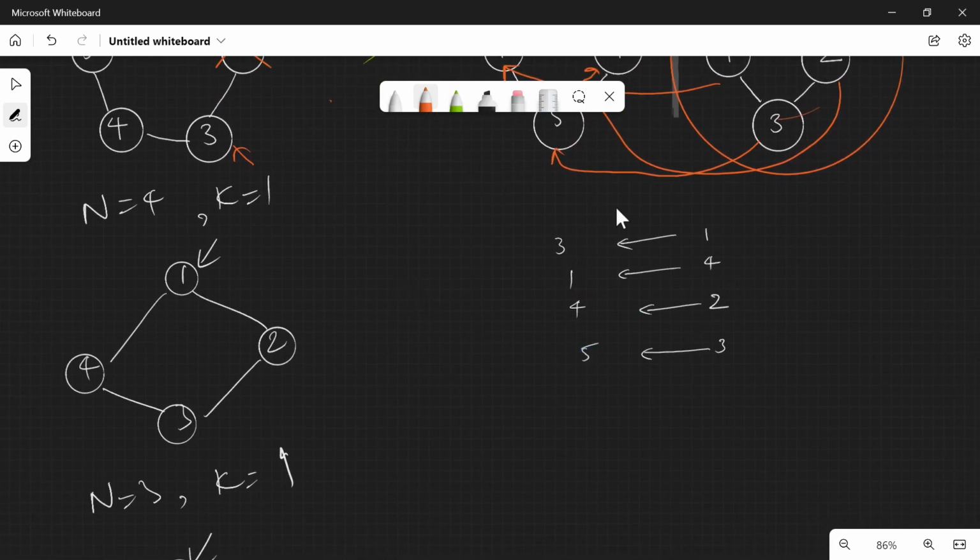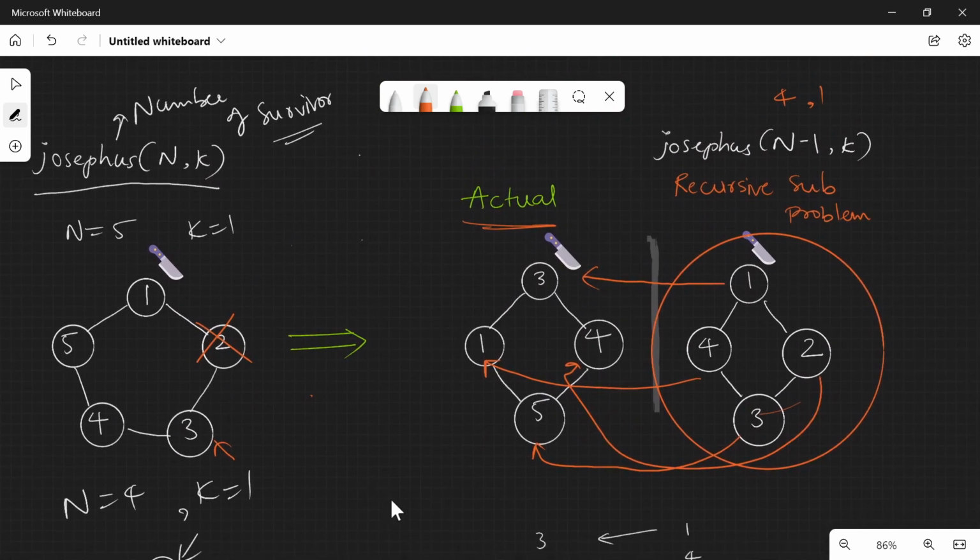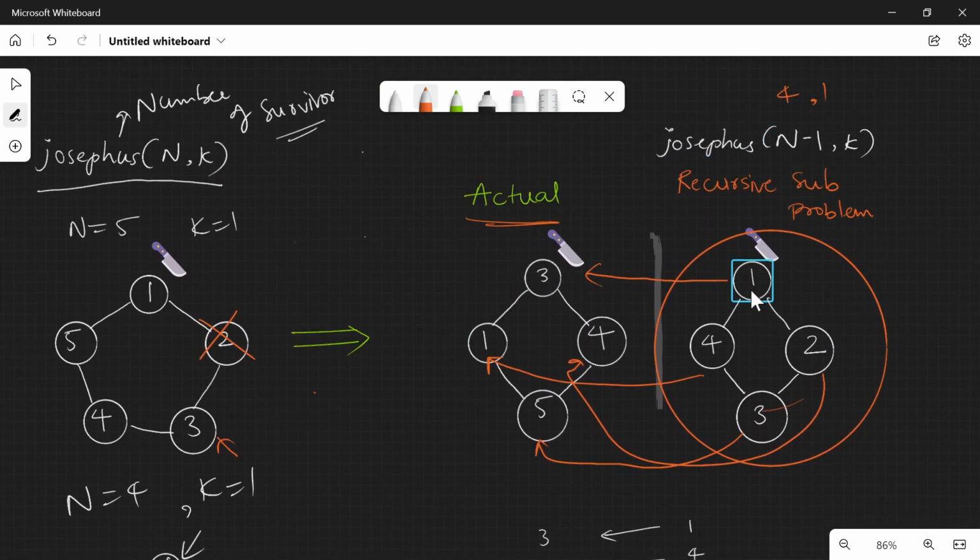So here I have written this. We should convert 1 to 3, 4 to 1, 2 to 4 and 3 to 5. Now if you look carefully, 1 plus 2 is 3, right? 2 plus 2 is 4, 3 plus 2 is 5, and here 4 plus 2 is not 1. I'll show you why.